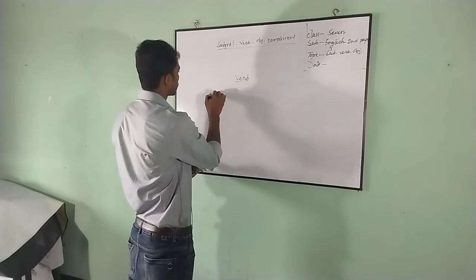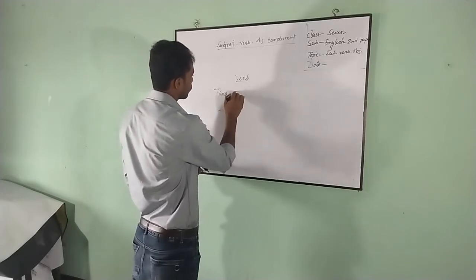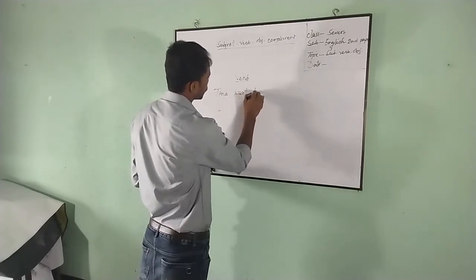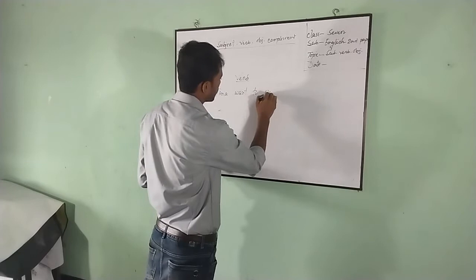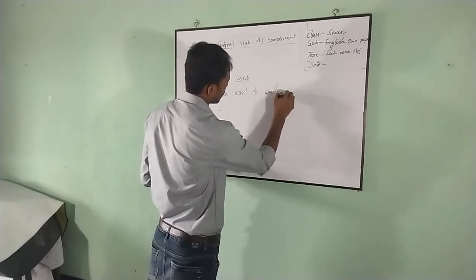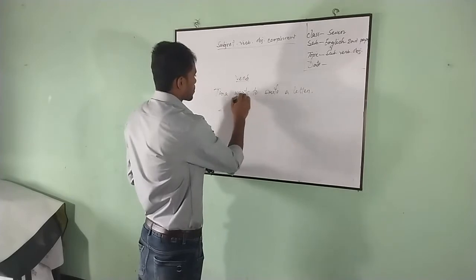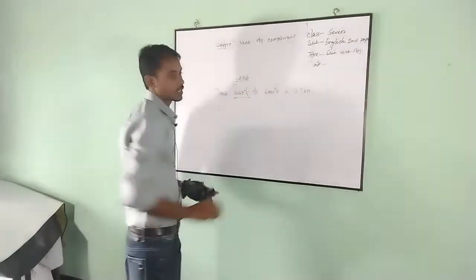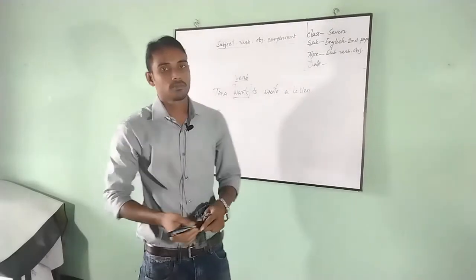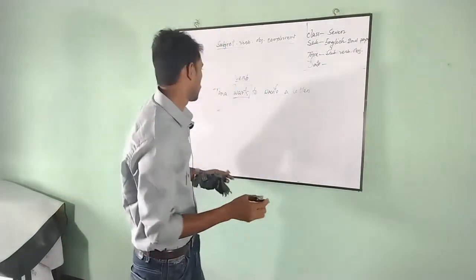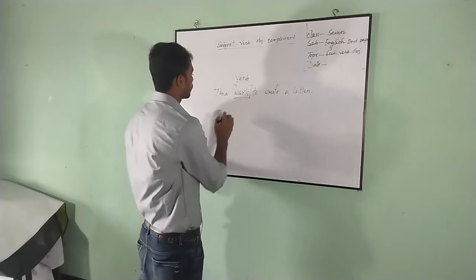Here, Tina wants to write a letter. Wants. This word performs the action of the sentence. So, wants here is a verb.